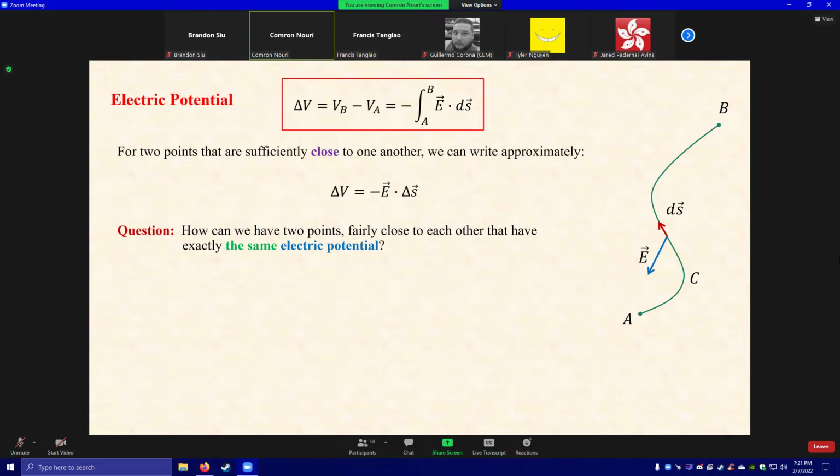How is that possible? Can you imagine two vectors, E and delta S, whose dot product is zero? Well, yes, you can, but delta S would have to be zero. But since it's not zero, I cannot imagine it.